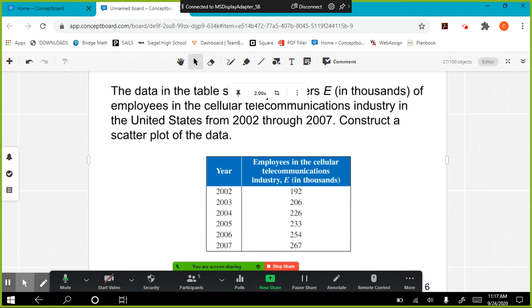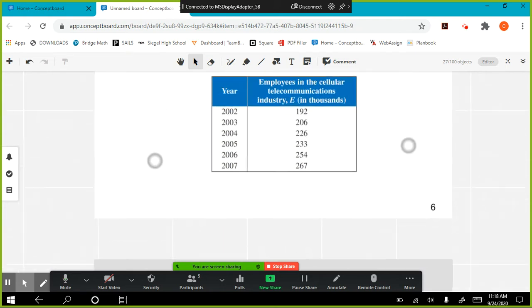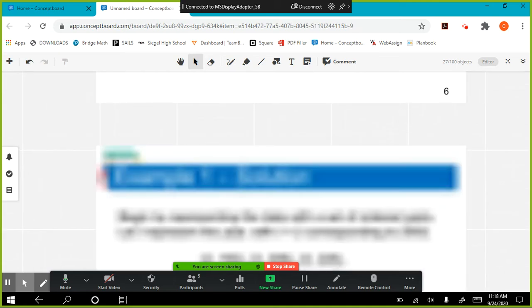All right, so this is a set of data. What we're going to do is use this data to create an equation of a line so that we can predict later values of this information. And let's see what they did with it.